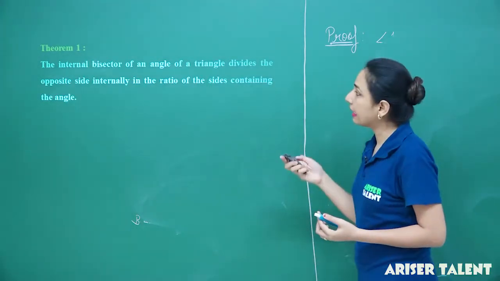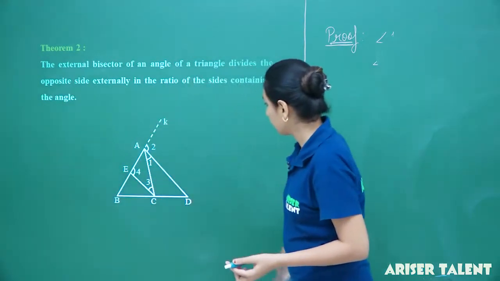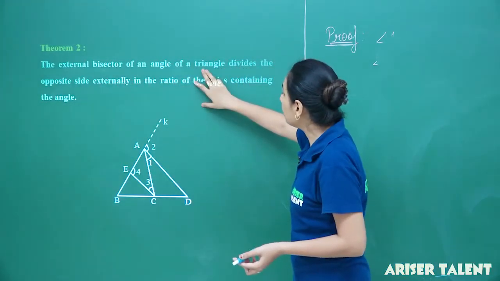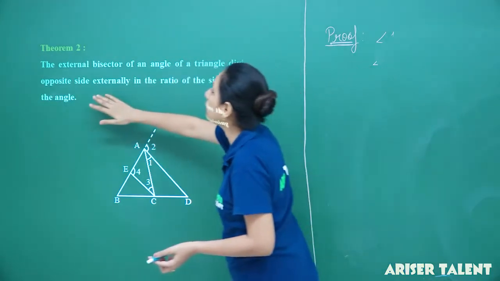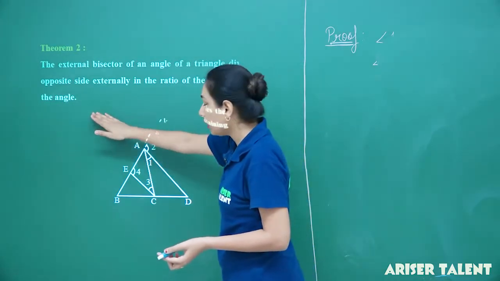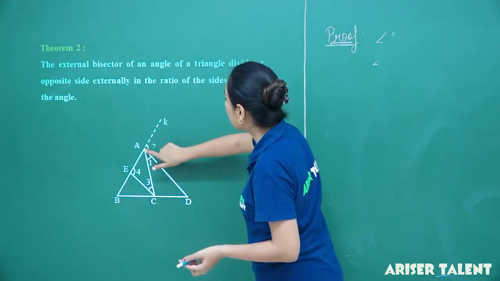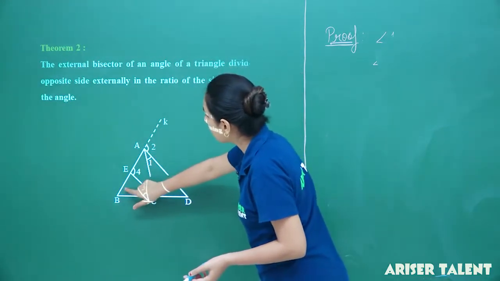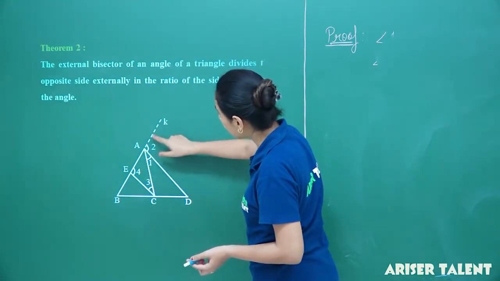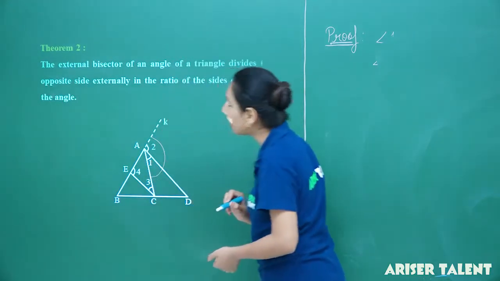So moving to our next question, I am having here the external bisector of an angle of a triangle divides the opposite side externally in the ratio of the sides containing the angle. It is saying that if you are having an external angle bisector, this is your triangle ABC, this is your main triangle, and the external angle will be this angle KAC, this will be the complete external angle.